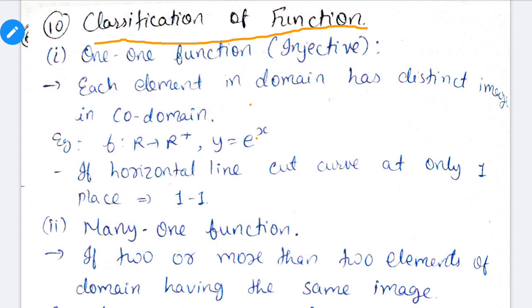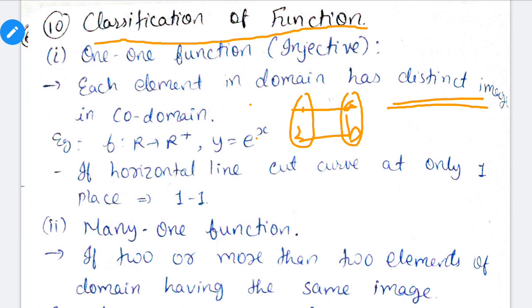Means every unique element has a different image in codomain, then it will be injective. For example, here we take 1, 2, here we take A and B. So such relation is known as 1-1 function. This is injective, from one element, one relation.